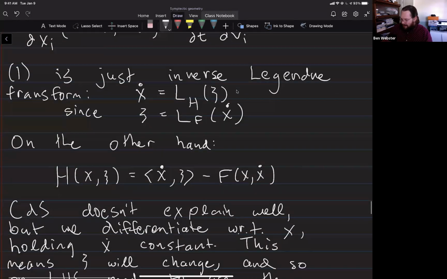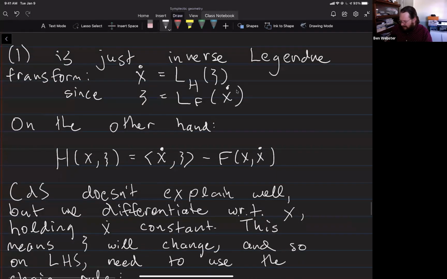All right, well, that's not so hard, but I really feel like Cannas da Silva does not explain this very well. It's one of these things where it's not a hard calculation, but she writes down this equation, which is correct, that the Hamiltonian is equal to the inner product between the velocity and the momentum minus the action.